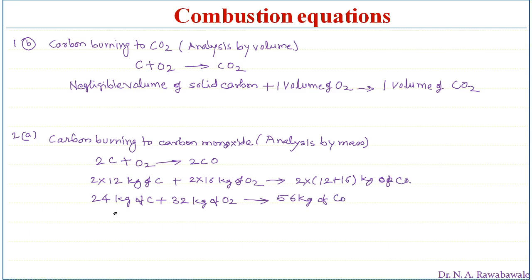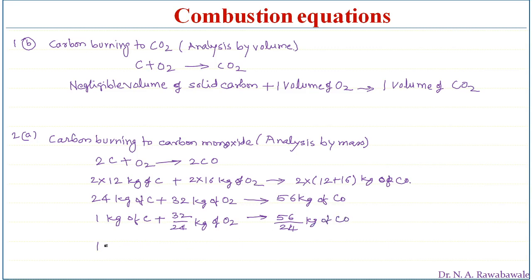Dividing this equation by 24 throughout, we get 1 kg of carbon burns in presence of 32 divided by 24 kg of oxygen to produce 56 divided by 24 kg of carbon monoxide.